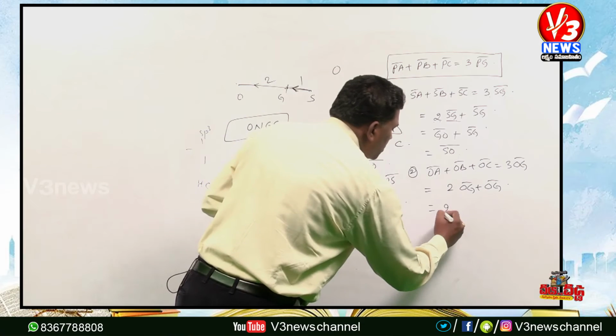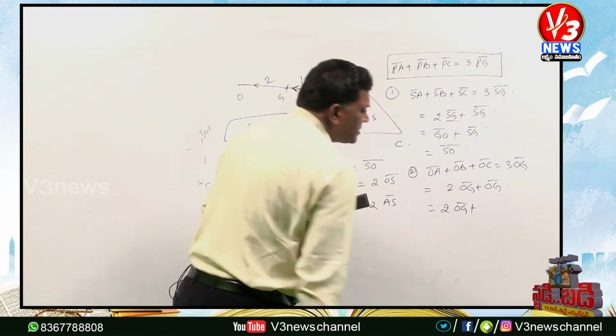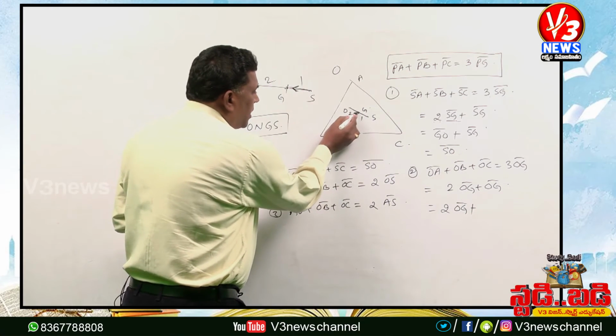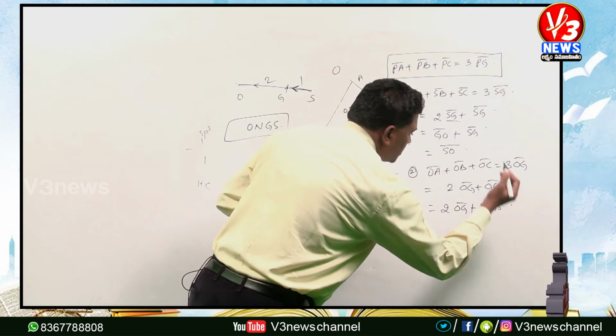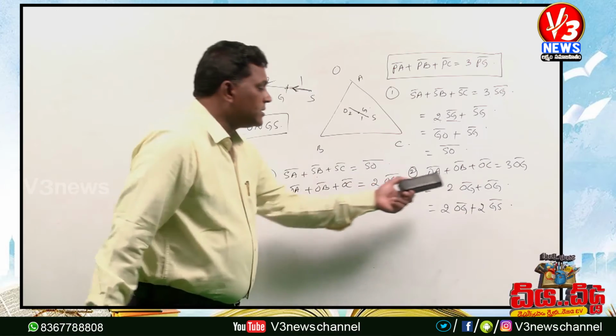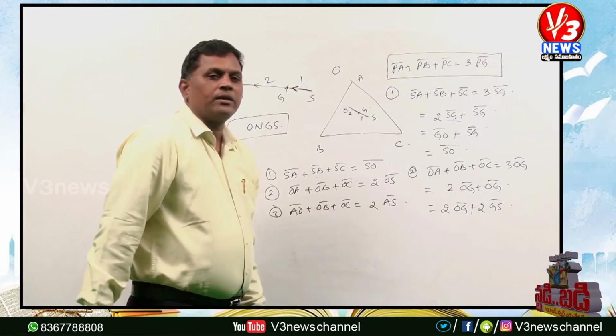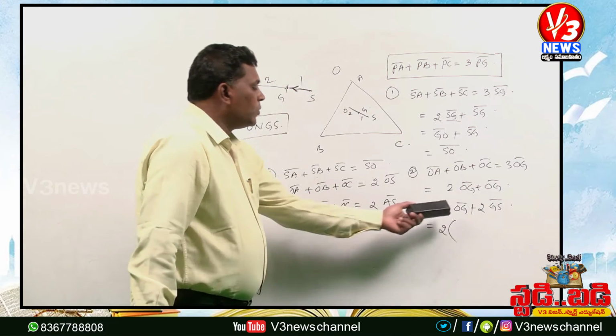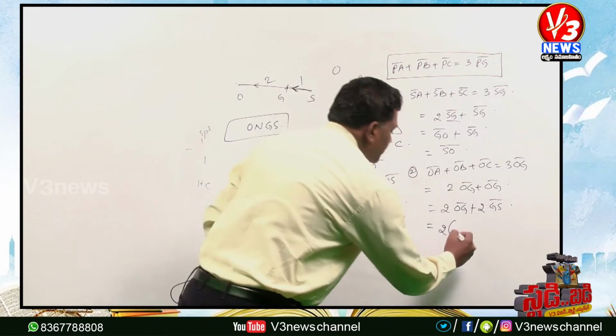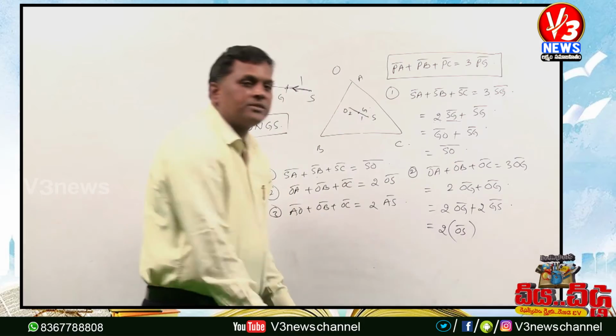I am keeping 2 OG bar as it is, plus this OG bar is double this GS bar. So, why don't we write OG bar as twice GS bar? In both of these, 2 is a common factor, and O to G, G to S, so is it OS bar or not?